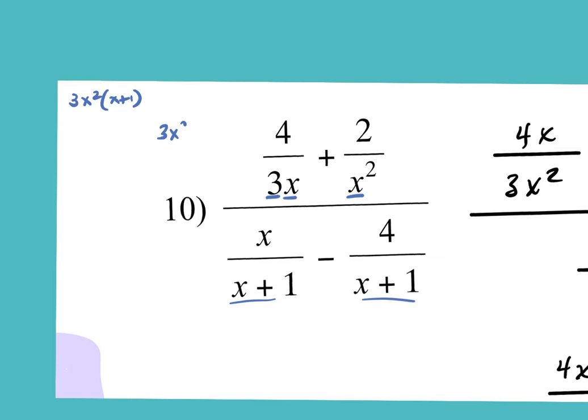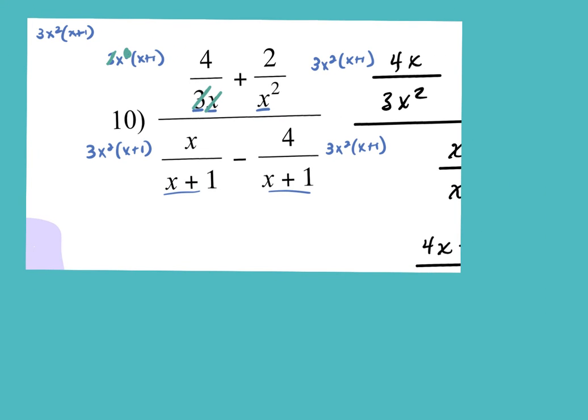So when I multiply it out, I'm going to multiply it times each of the 4 fractions or 4 terms. From the first one, you would cancel out the 3, and I would cancel out 1 of the x's.